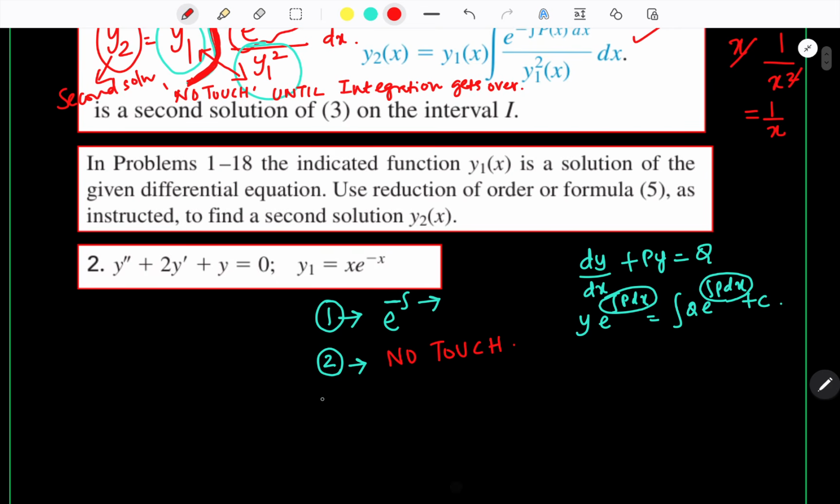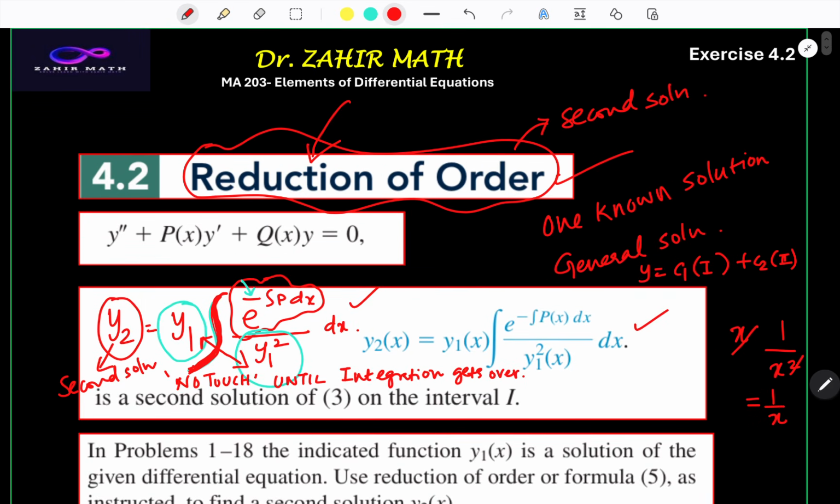And the third important point is, look at this differential equation. In this differential equation, p is the coefficient of y. Can you see that? p is nothing but your coefficient of y. But look here.